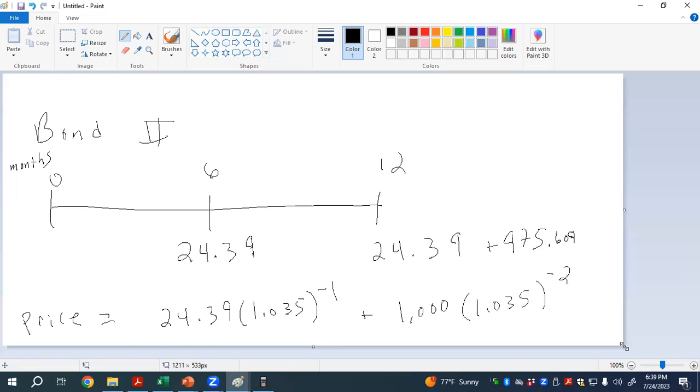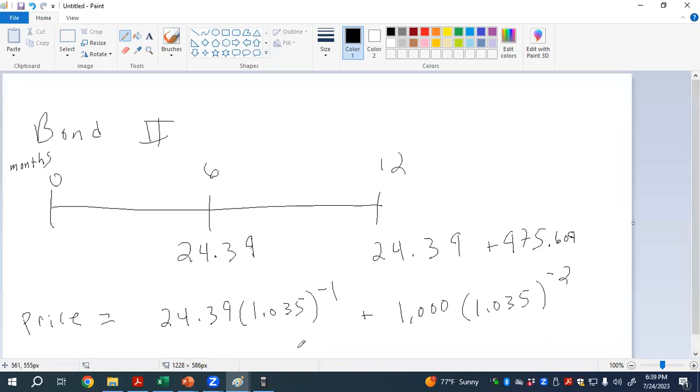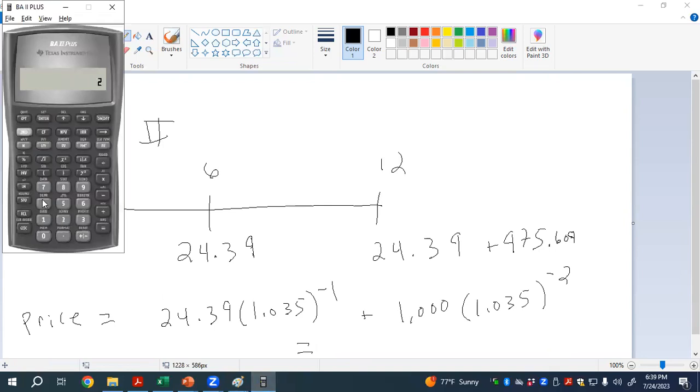All right, so let's finally finish this up. See what this is. 24.39 times 1.035. Again, it's 1.035 because half of 7% is 3.5%.